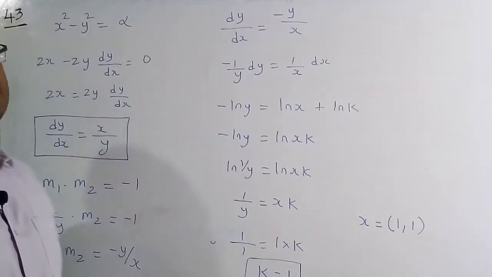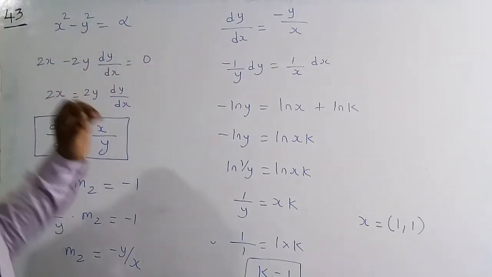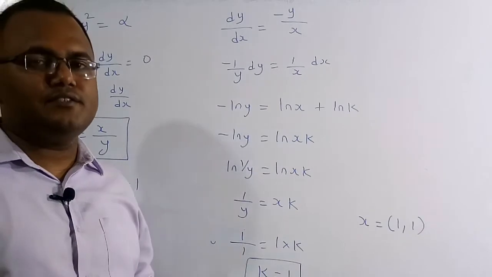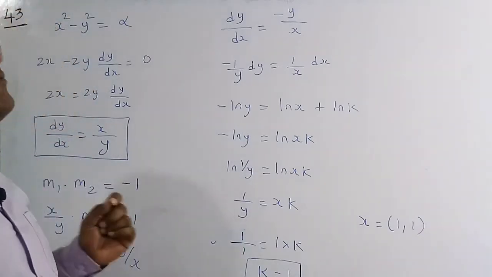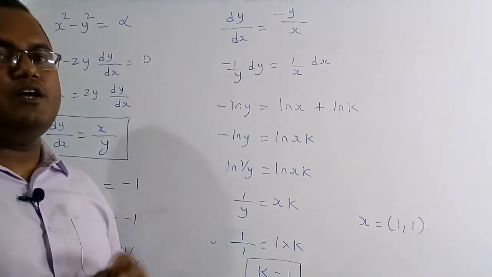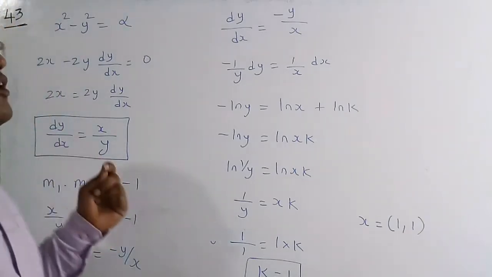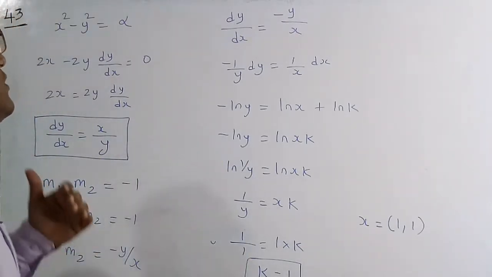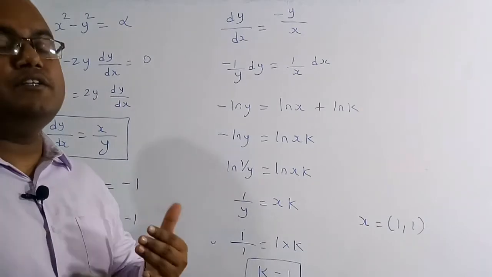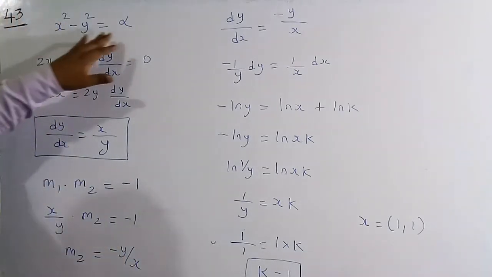Now in the question they have given that x square minus y square is equal to alpha. For this graph we have to find the orthogonal trajectory, which basically means the perpendicular graph, and that graph is going to pass through (1, 1). So we need to figure out the equation of that graph. First we have to find the slope of this graph, so we differentiate with respect to x.